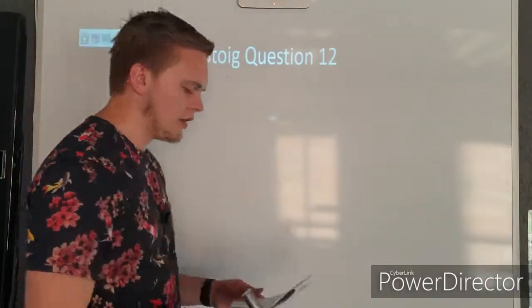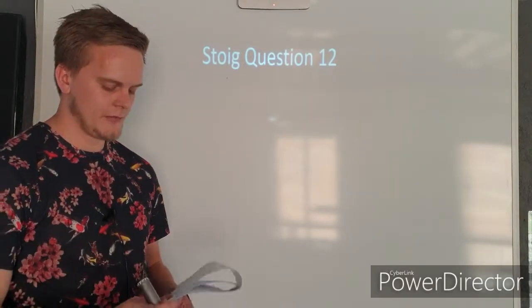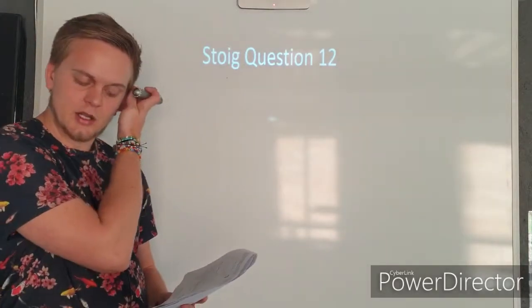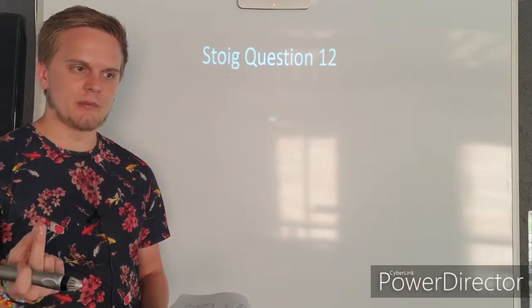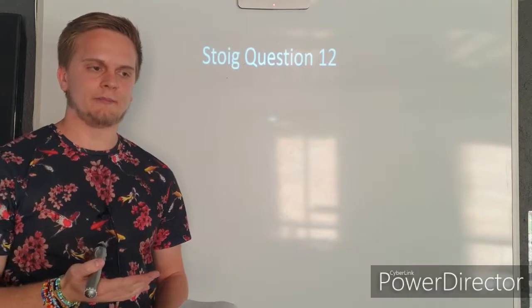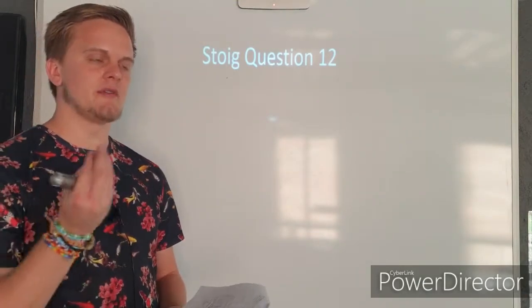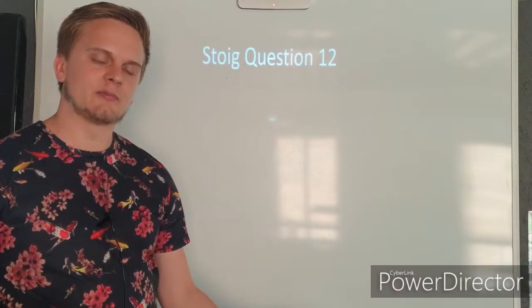All right, then our last question for stoichiometry is number 12, where they say we get 13.93 grams of zinc, and this has the same amount of particles. Now remember, you don't need to go through all the equations for mole, because if you have the same amount of moles, then you will have the same amount of particles.